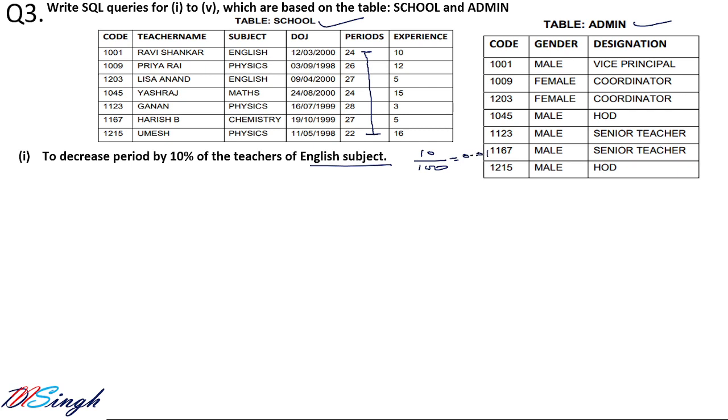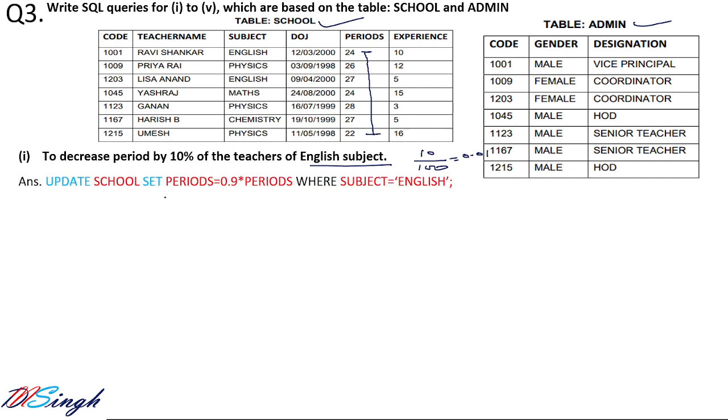If we multiply the value by 0.01, that will be equivalent to 10%. So update, what is the table name where period is available? That is school. Update school and set period equal to period multiplied by 0.01. That is 10% of the period.